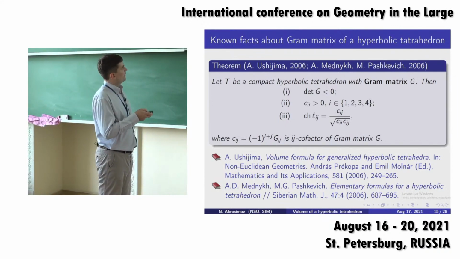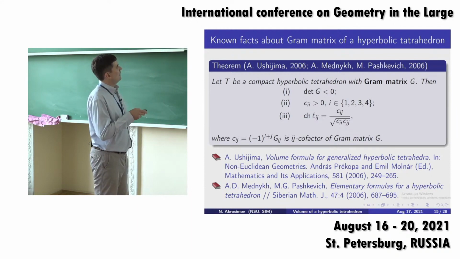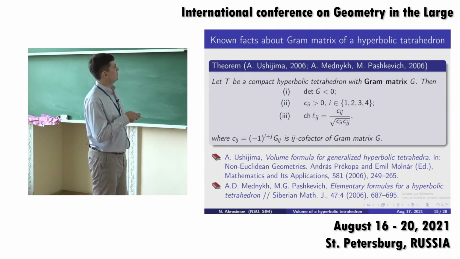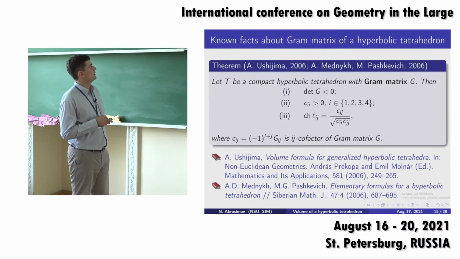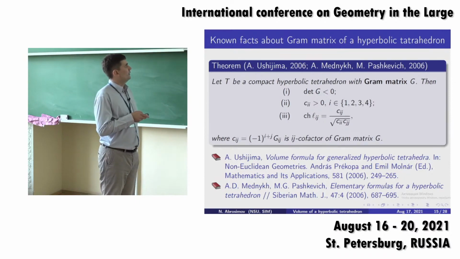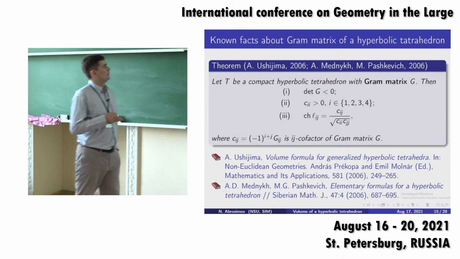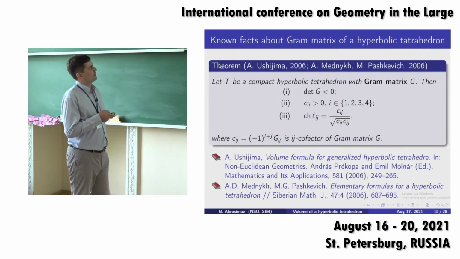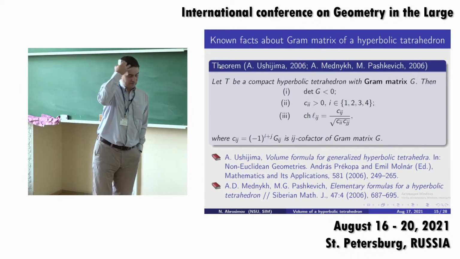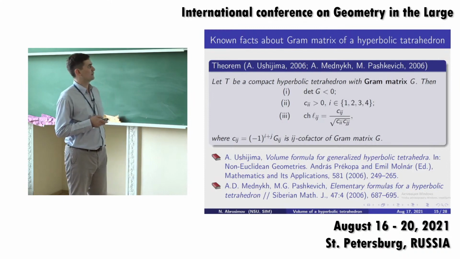This theorem collects results from these two papers by Ushijima and by Mednykh and Pashkevich, published in the same year. The main part is this one. This is the formula, or cosine rule if you want, which expresses the lengths in terms of the Gram matrix cofactors.